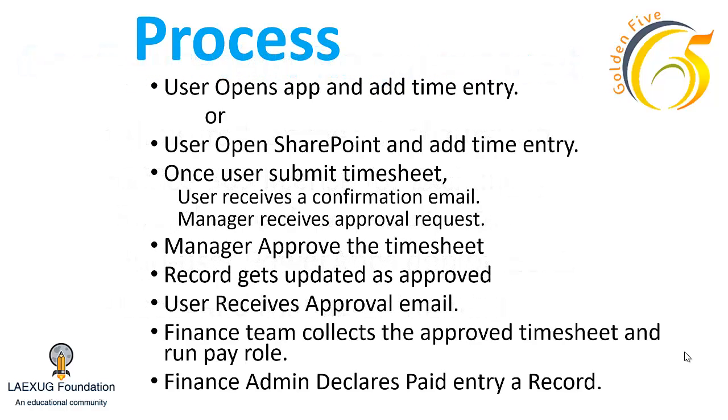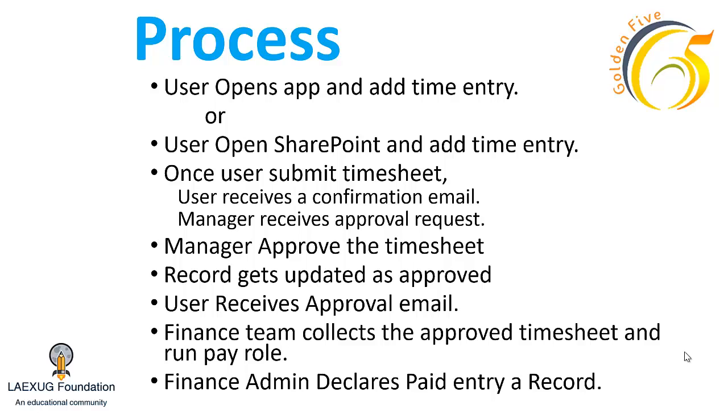Okay, then the process is again very simple. The user opens the app, adds a time entry, or you can also open the SharePoint link, which is a web link. If you don't have the app on your phone, you just want to use the web link. You can also save that web link as a favorite, open the web link, add the time entry.